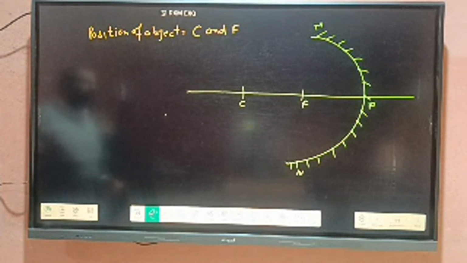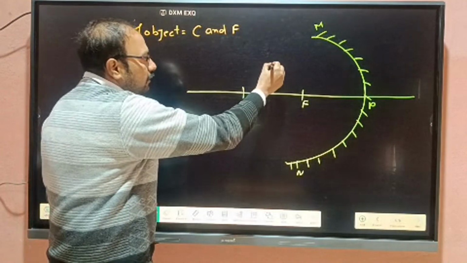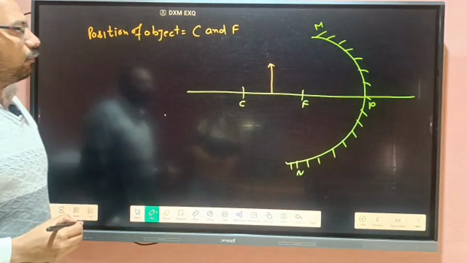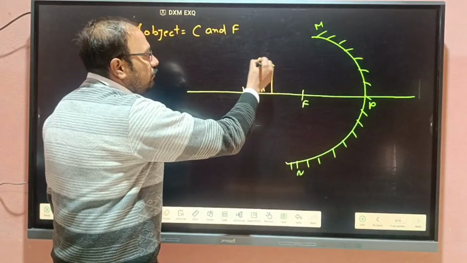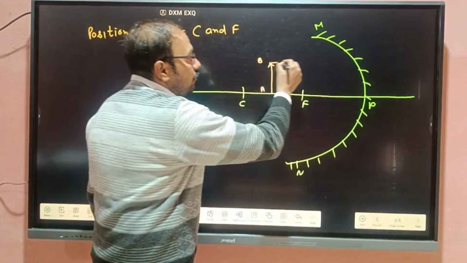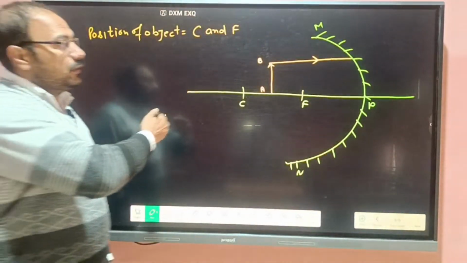When we put the object between C and F, we take an example: this is the object, placed between C and F, and its name is AB. This object generates two rays. The first is the parallel ray, which passes through the focus.